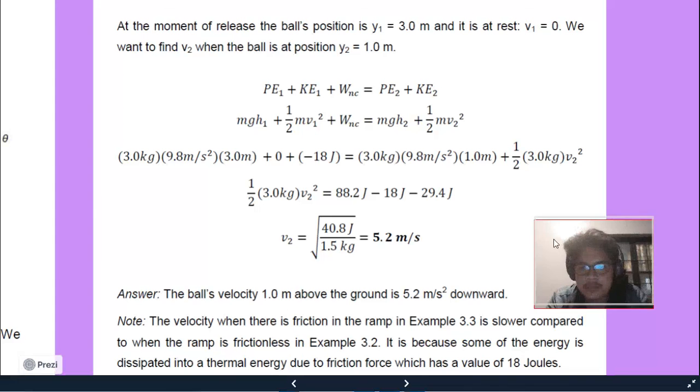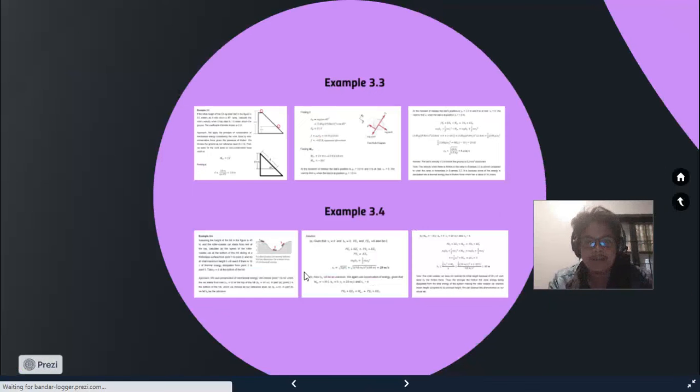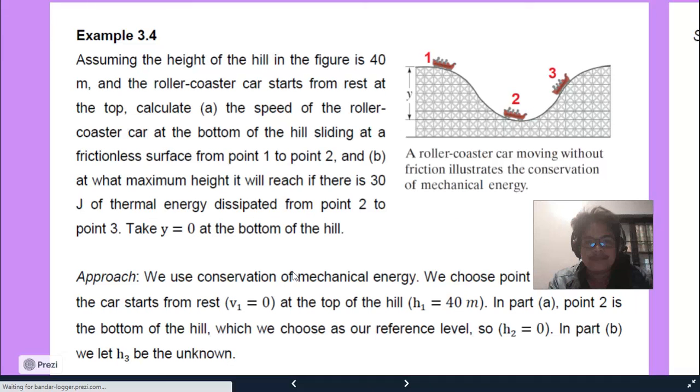Okay, example number 4, you already know this. It's also the same. Okay, you will just find the velocity 2. Okay, you just have to study it na lang.